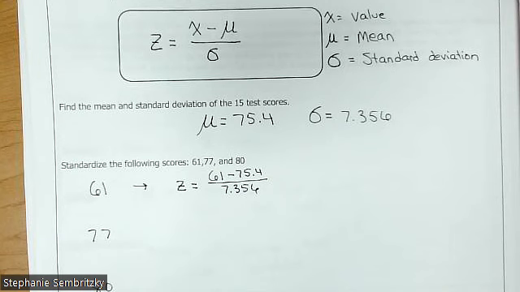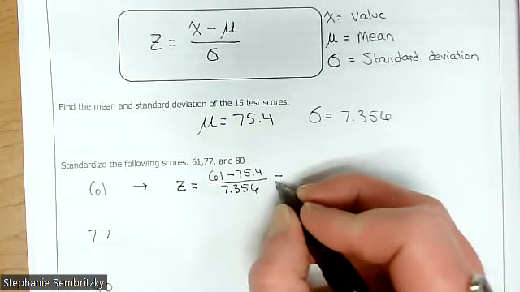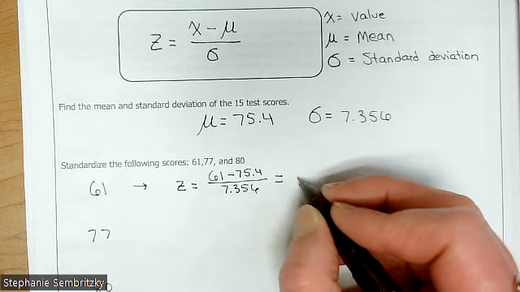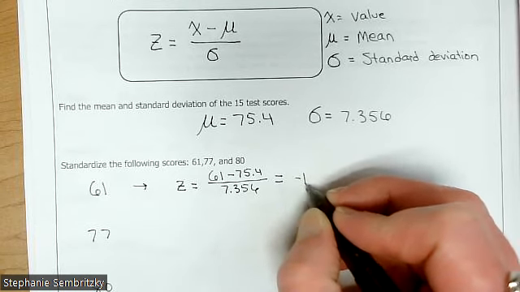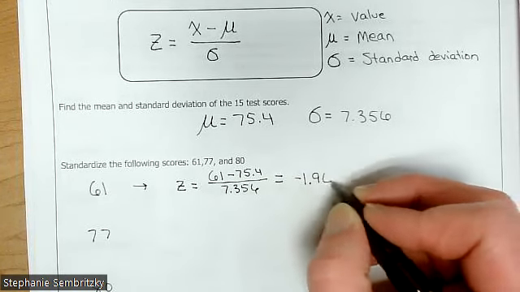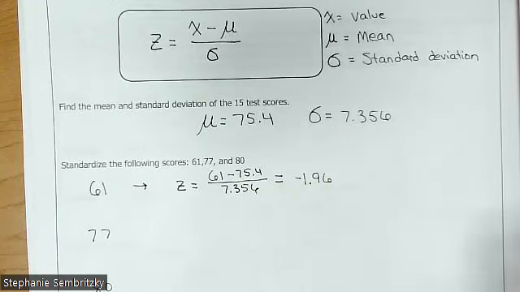So 61 minus 75.4 divided by 7.356. Anybody get something? Negative 1.957. So basically negative 1.96.